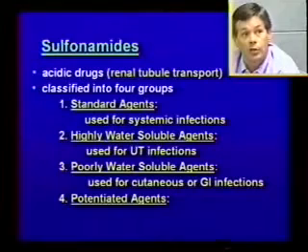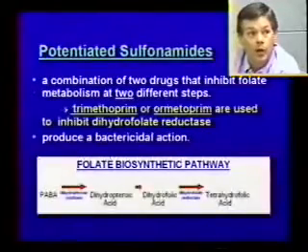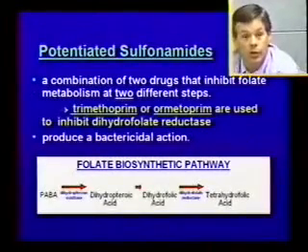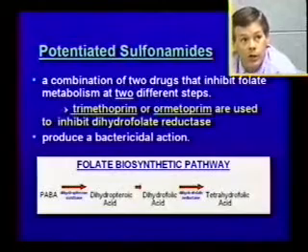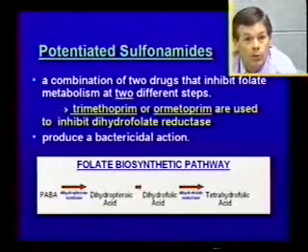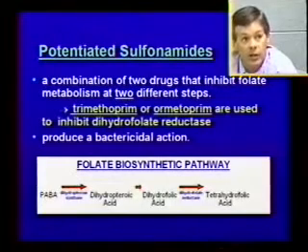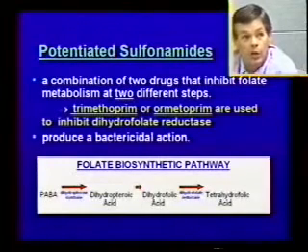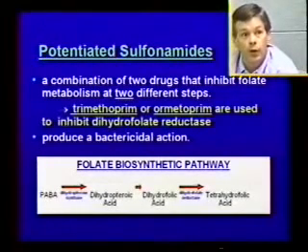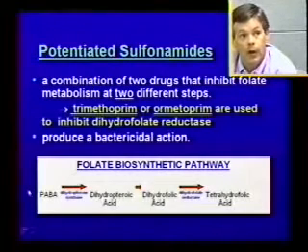The potentiated agents are the fourth class of the sulfonamides, and these are actually represented by a combination of two drugs, as shown here. The potentiated sulfonamides represent a combination of a sulfonamide with a second drug which inhibits a separate step within the folate metabolic pathway.